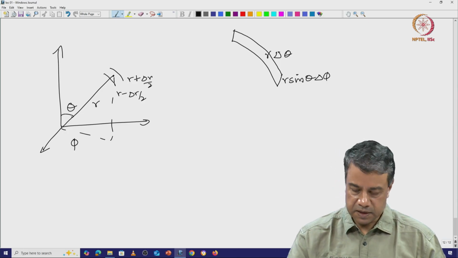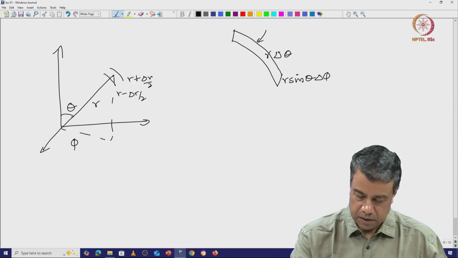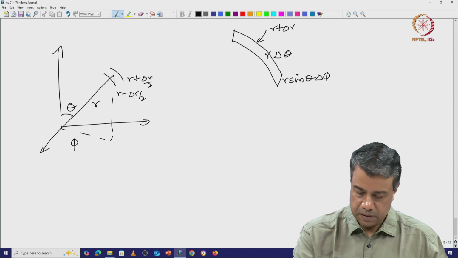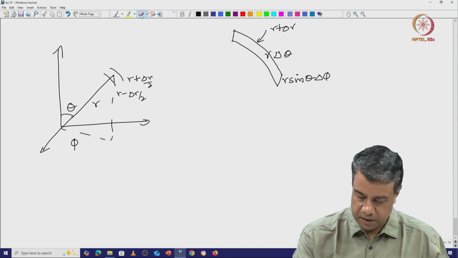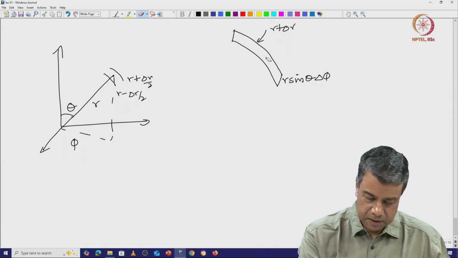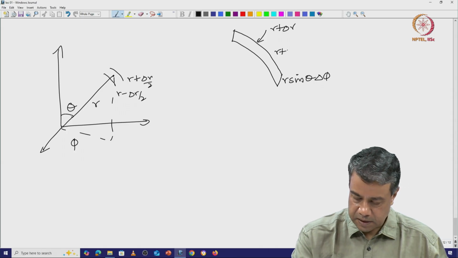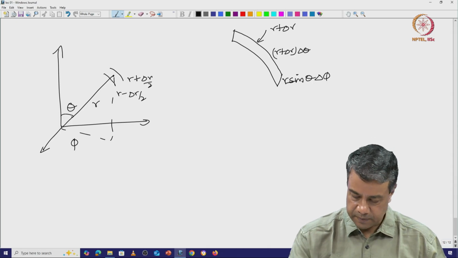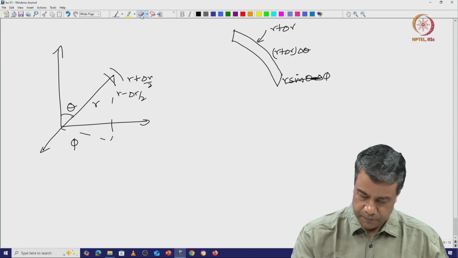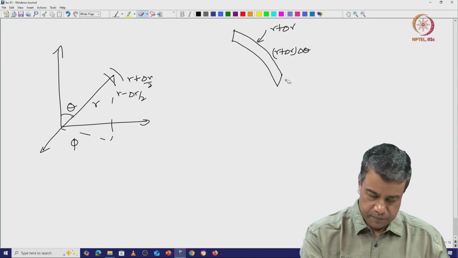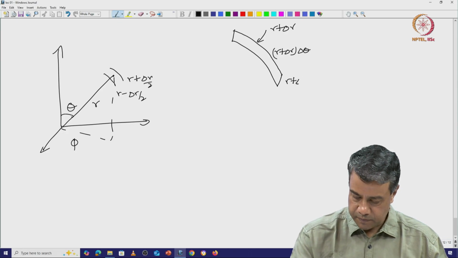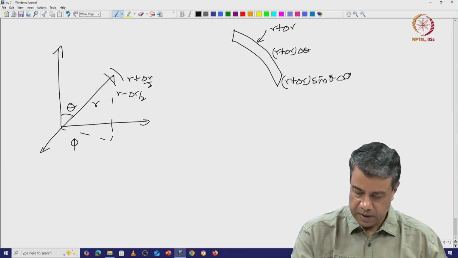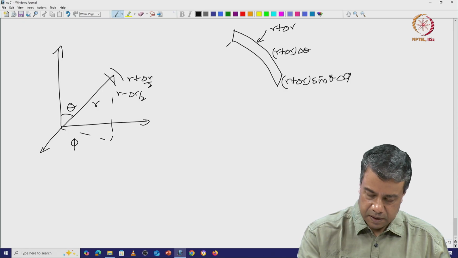So, this is the surface at r plus delta r. Strictly speaking this should be r plus delta r into delta theta, and this should be r plus delta r sin theta delta phi. This is the surface at r plus delta r.